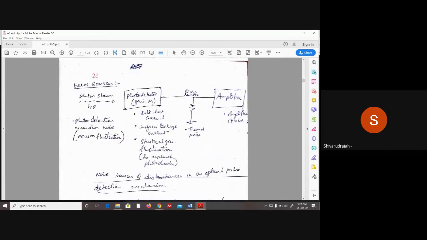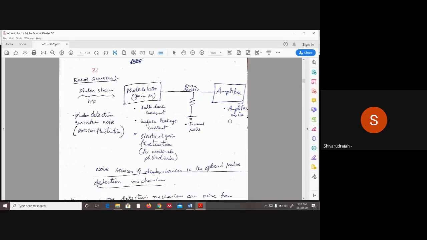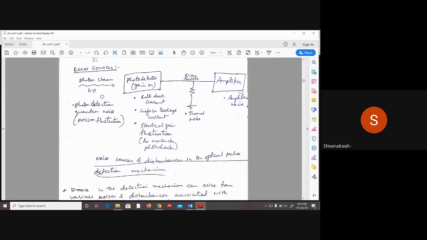So now we will go through the next topic, that is the types of error sources, or we also call them noise sources. Okay. So you can see here we have a photon stream and photon detection quantum noise. That is the first type of noise contributed by your photodetector. The photodetector is going to contribute a noise called photon detection quantum noise, or photodetector quantum noise.